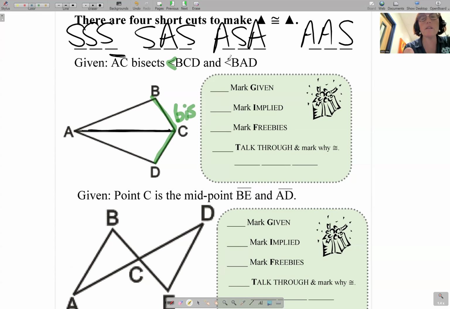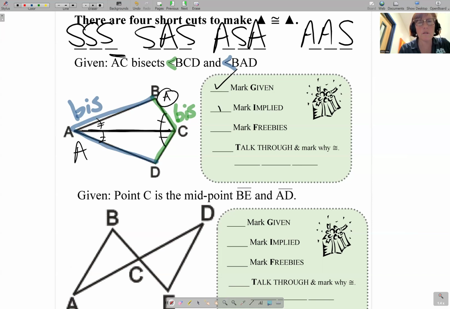And it's a bisector of BAD. It's also a bisector going this way. Okay. And given, implied, because of the bisector, that means these 2 angles are congruent. These 2 angles are congruent.